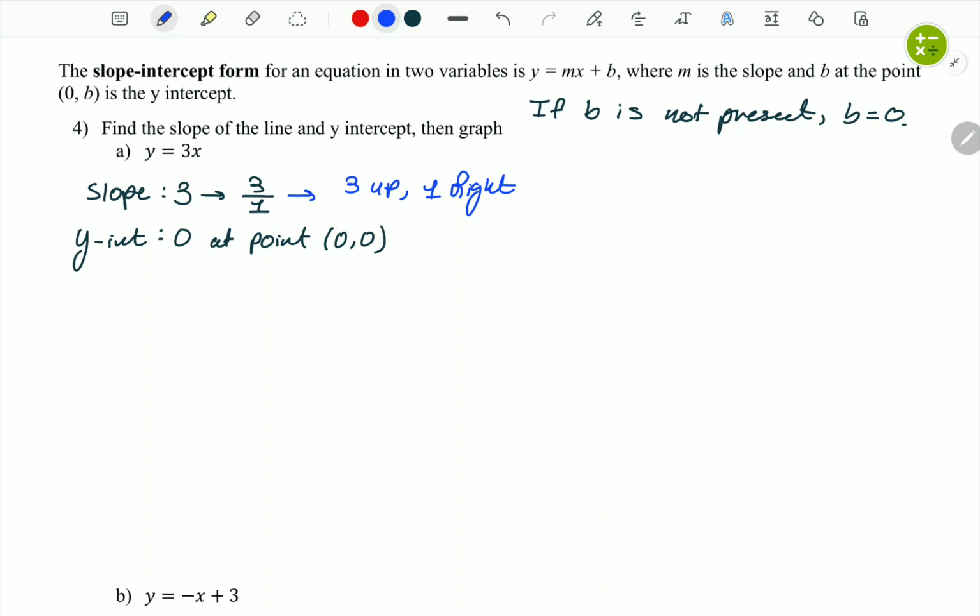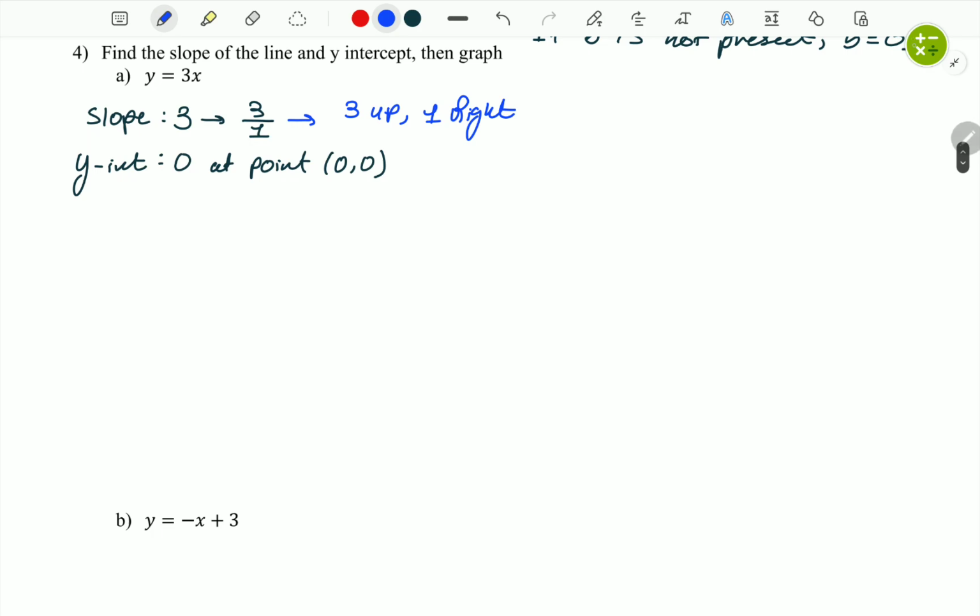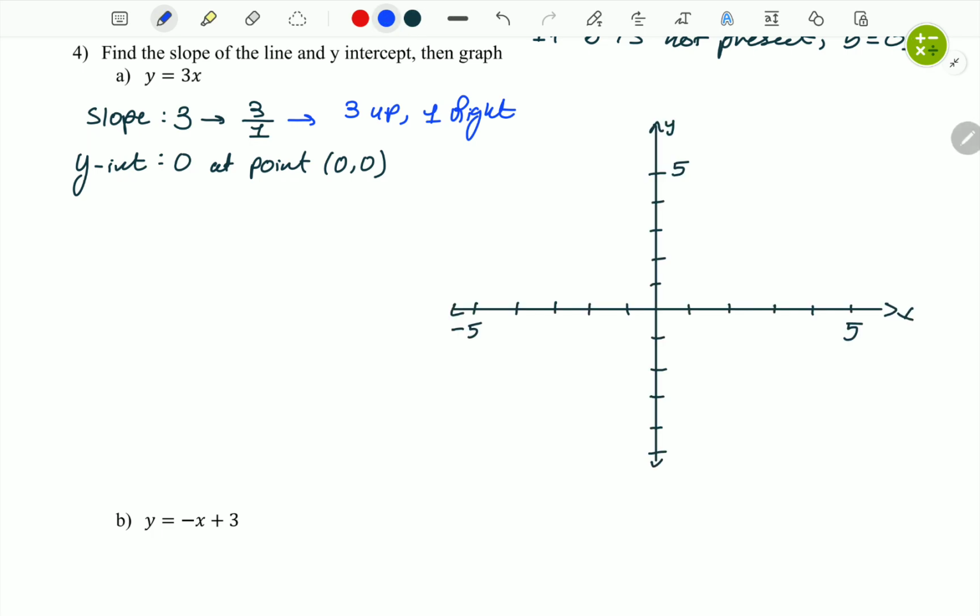Let's graph this line. Let's plot the y-intercept first, which is the point 0, 0 at the origin. And remember, we need 2 points. So taking what we did from the last question, let's work our slope.